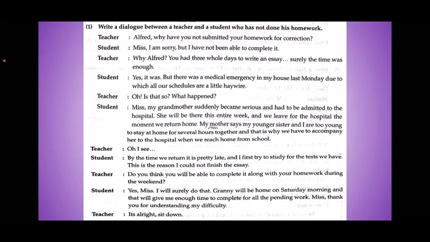So, children, here we see that this is a conversation between a teacher and a student. The student has not done the homework, so the teacher is asking him why he has not done so. In the entire conversation, they have used question marks, commas, exclamation marks to show that there are questions, that some kind of emotion is being displayed.